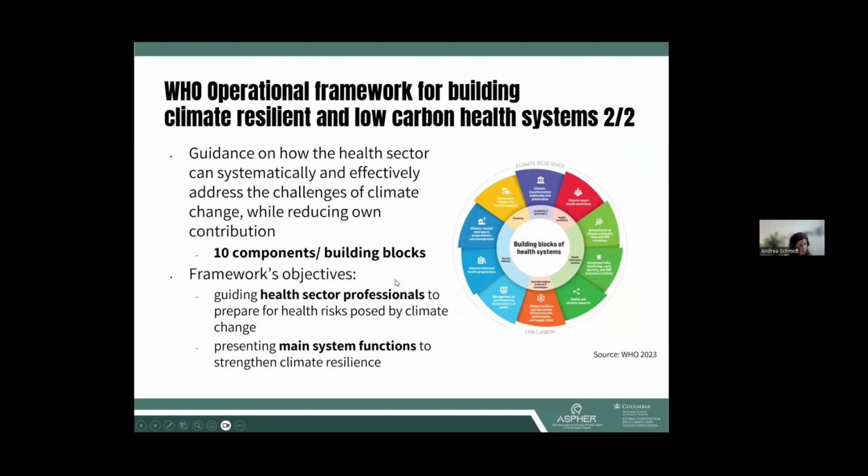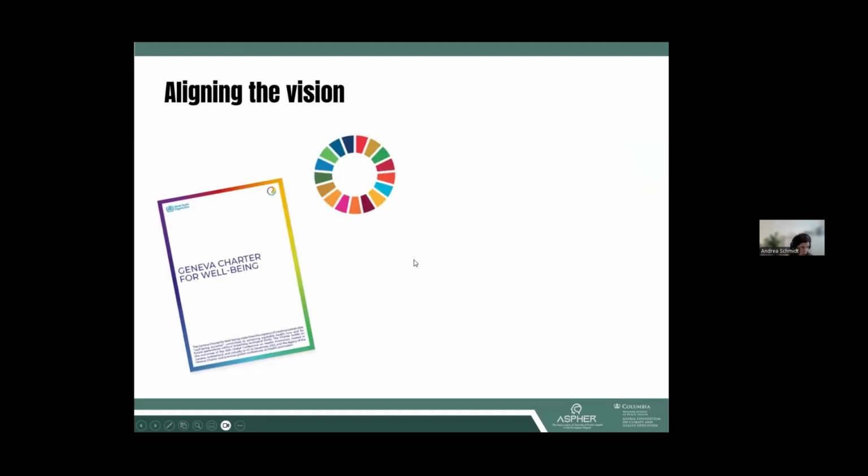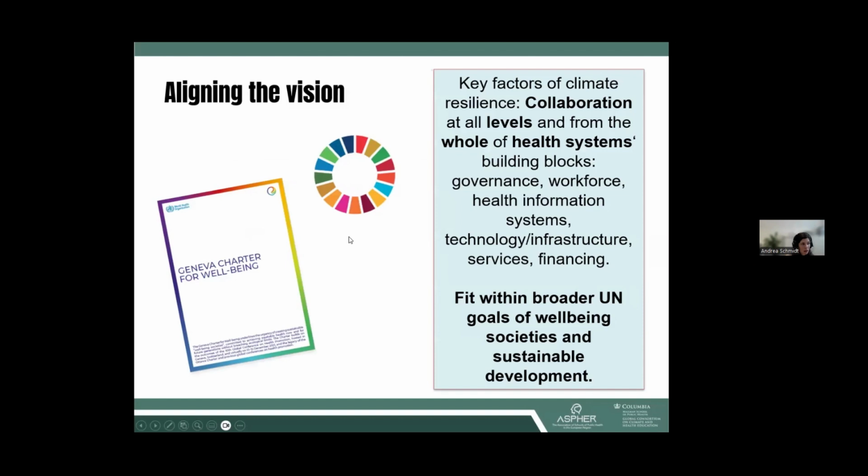And what I would like to share here, because I know that you've dealt with this before, is that climate resilience is also a very good example of how we can align the overall vision of our societies. If you think about all the different Sustainable Development Goals, what they include, but also the WHO Geneva Charter for Well-being, it includes really a better life for everyone and more equitable societies.